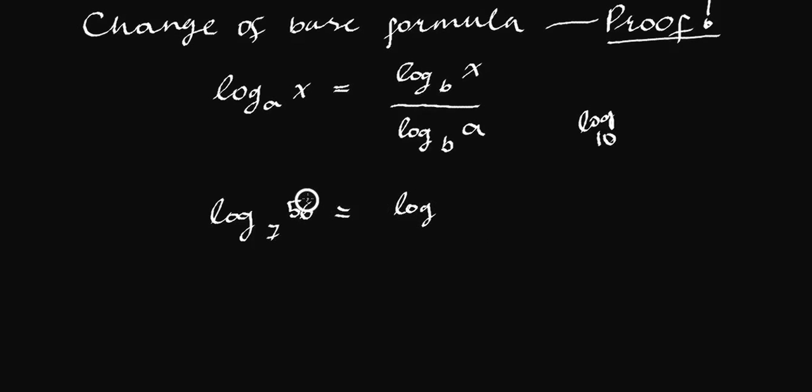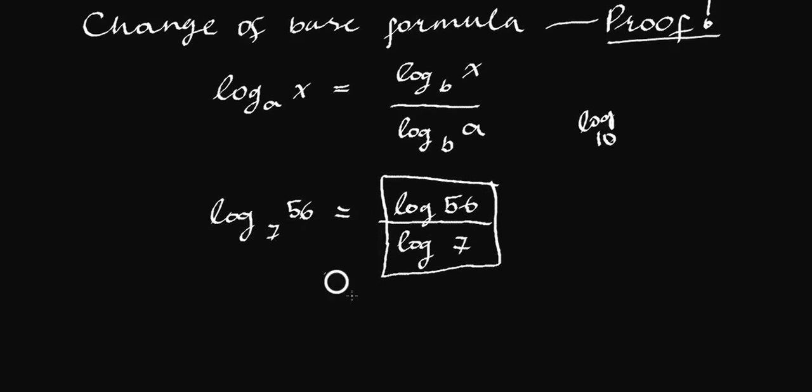Of 56, which is x, it's right here, this value, divided by the log of the same base. You choose the base, that's what's great about it, of A, which is the base of your ugly log function, which is a 7. And this would be another way of rewriting this. And you can solve it on your calculator, so that's great.